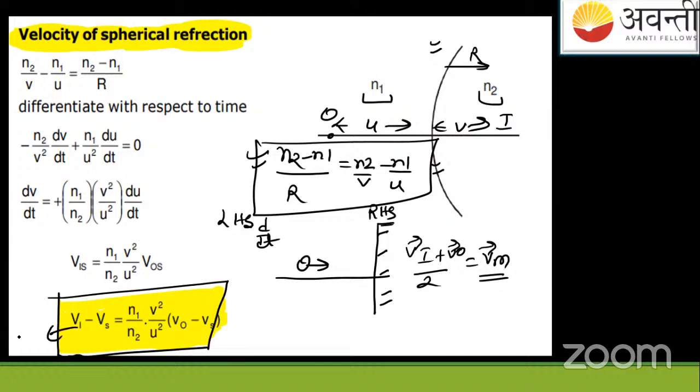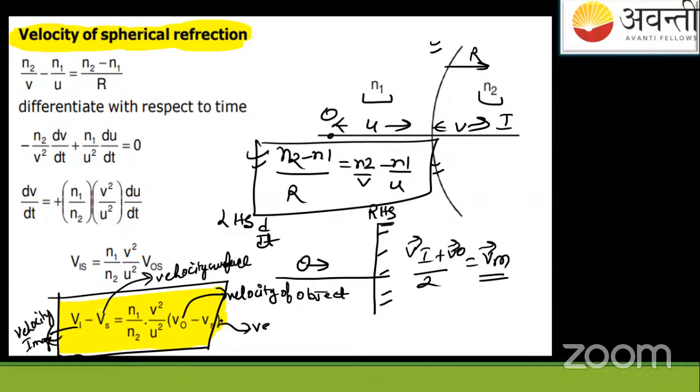This will give you the velocity of the image with respect to the ground frame. This will give you the velocity of the refracting surface. This will give you the velocity of the object.